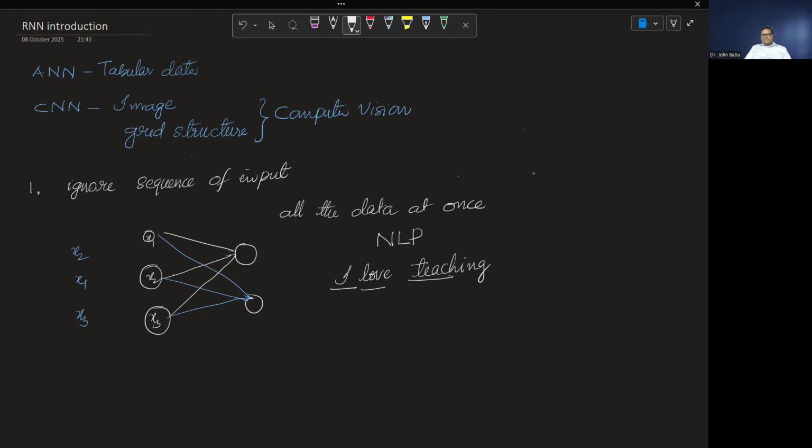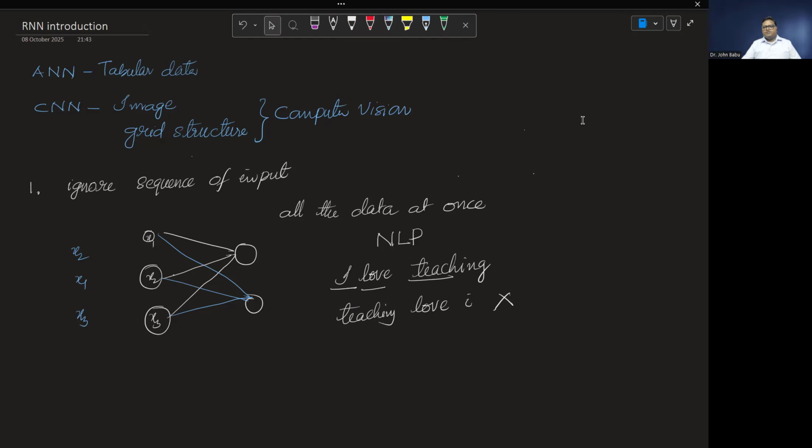You cannot write teaching love I. This is utterly wrong. So especially in NLP related tasks, we need sequence information to be captured. We cannot completely ignore it. We have to consider the sequence information without fail.